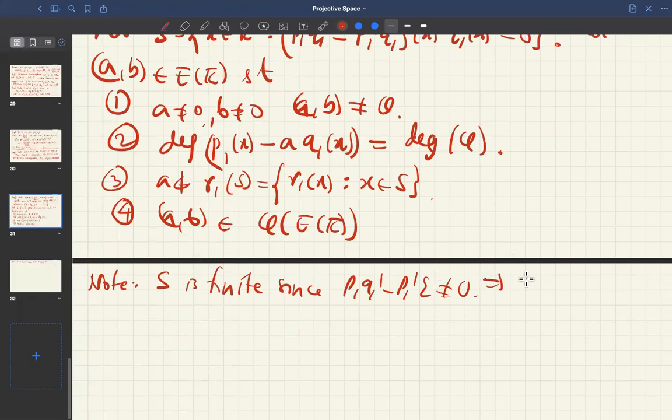Which implies that phi of S is finite. When I say phi of S, this is a little bit misleading.